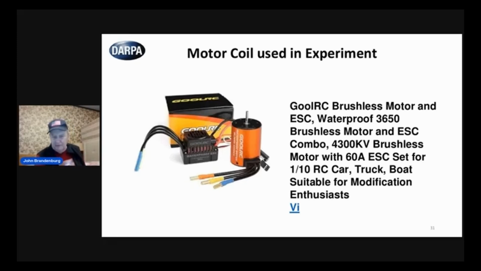It's a Gould RC brushless motor with ESC, waterproof brushless motor combo, 34 kV brushless motor for 1/10 RC truck or airplane. So you just go on Amazon.com. You can order it for like $40 and it comes with its own power supply. It runs on 12 volts.